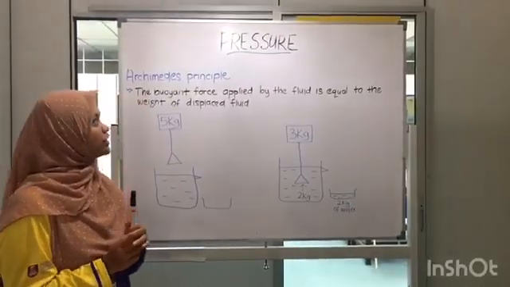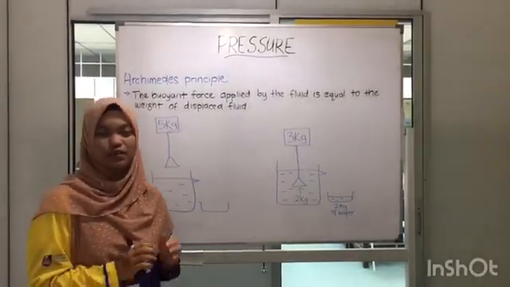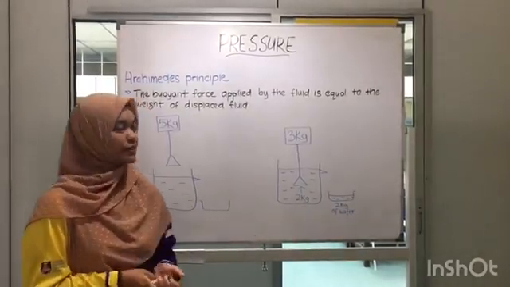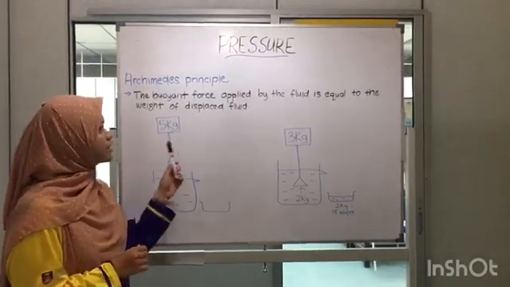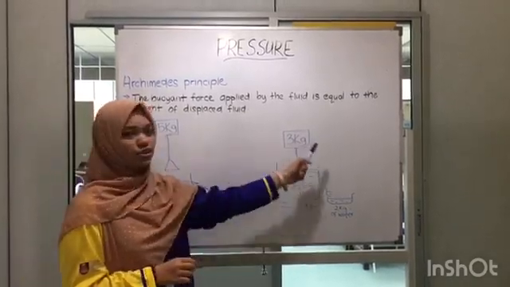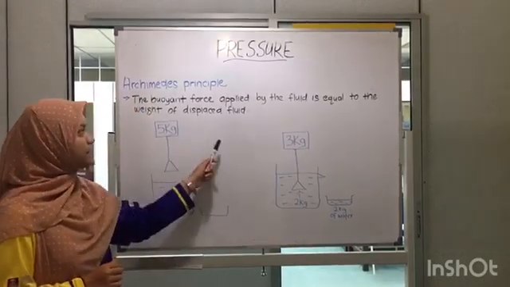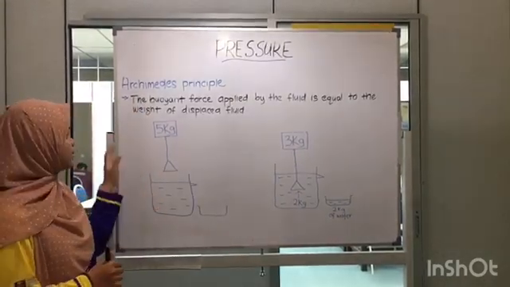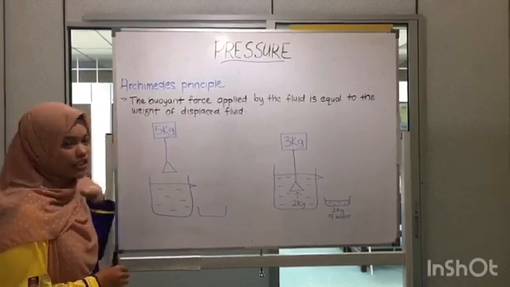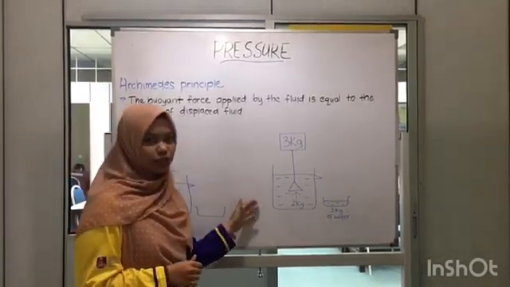Next, we move to the last principle, which is Archimedes' principle. Archimedes' principle states that the buoyant force applied by the fluid is equal to the weight of the displaced fluid. So this diagram shows the load of 5 kg which is displaced in the water.